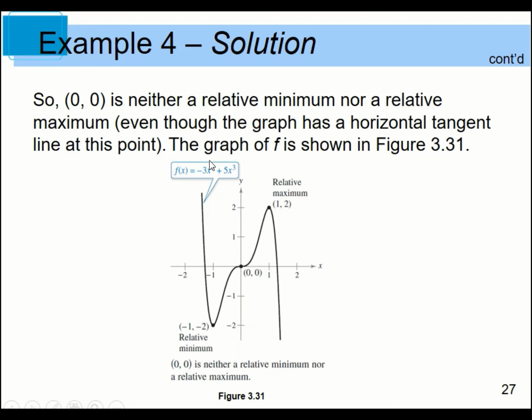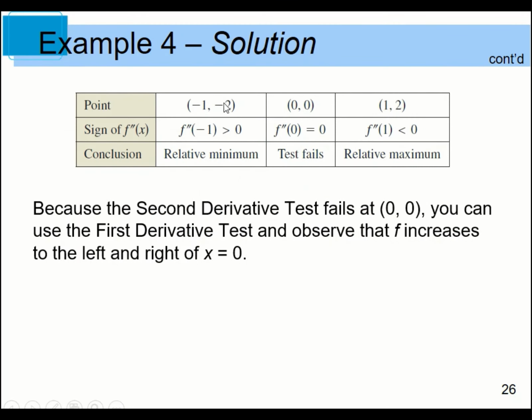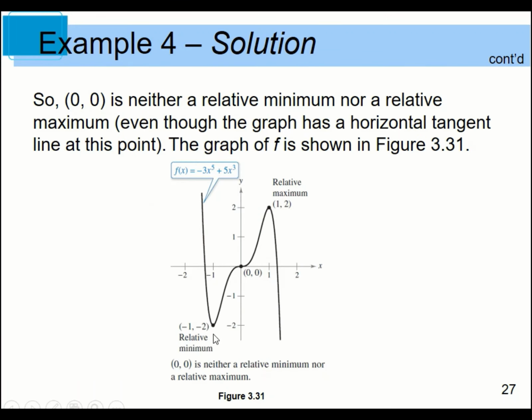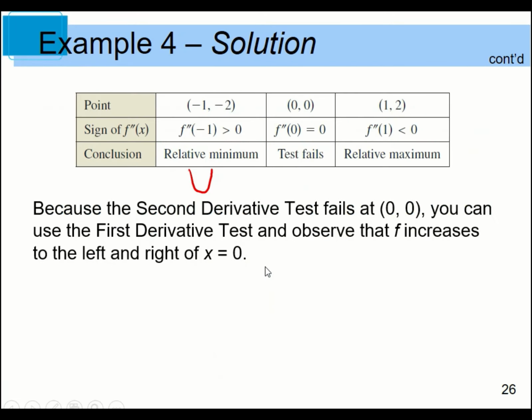If we sketch the graph, we have this point, negative 1 and negative 2. The graph is concave upward, it is the minimum point, so we can draw the curve like this. At the point 0, the test failed, and we use the first derivative test to determine it is a point of inflection.